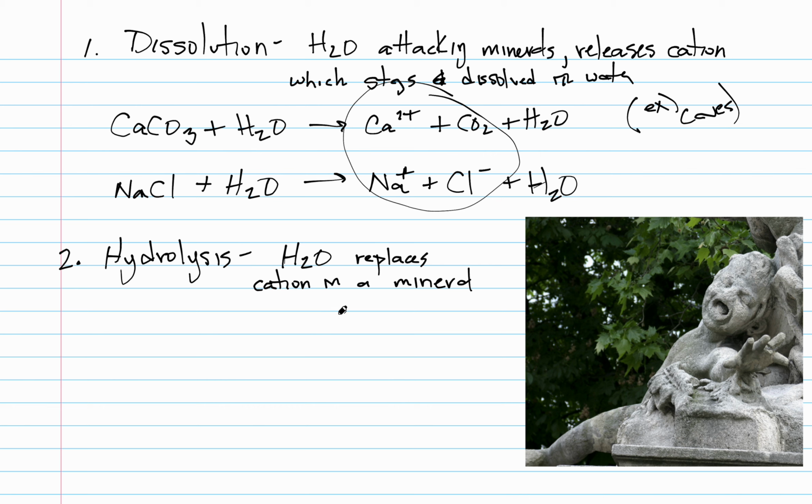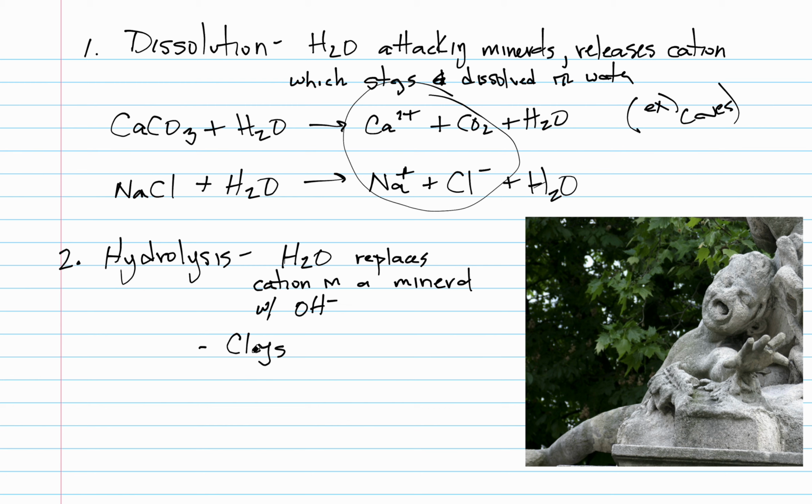So maybe I haven't said this right. H2O replaces cation in a mineral with OH minus. So what is this going to look like? I did not necessarily write out a great example here, but this is how clays work. And all clays are produced when you take a feldspar.